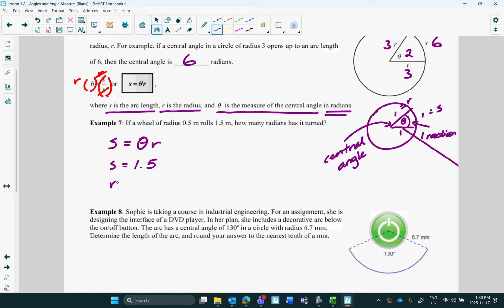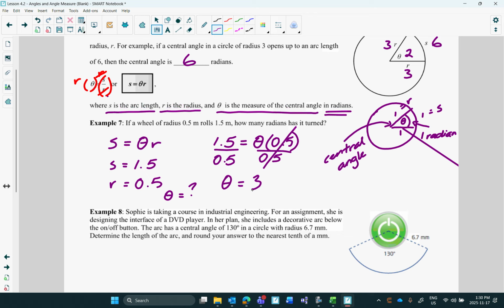Do I know the radius of the circular object? 0.5. Theta, I don't know. So plug in what you know and solve for the unknown. So 1.5 is equal to theta times 0.5. How do I solve for theta? Divide both sides by 0.5. And I get theta is equal to 3 radians.